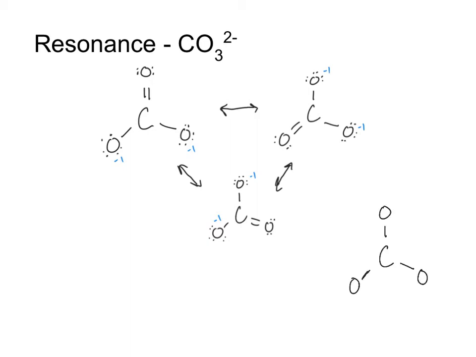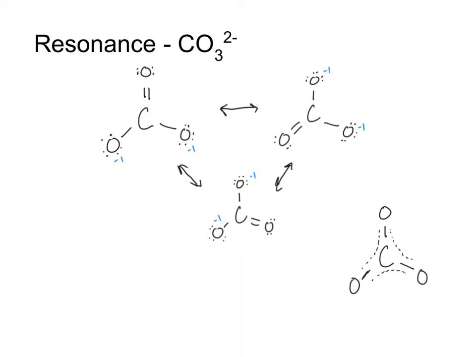In the resonance hybrid, we draw all the bonds as single bonds, and we represent the double bond as a dashed line existing between all three.